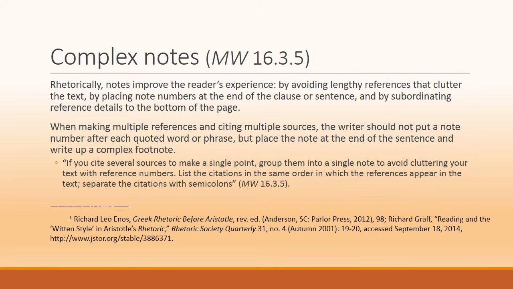There's Richard Leo Enos, Greek rhetoric before Aristotle, and then after that citation is a semicolon, and it moves on to Richard Graff, reading and the written style in Aristotle's rhetoric. So here we have a complex footnote that includes two sources separated by a semicolon.